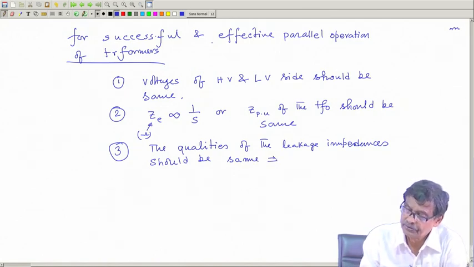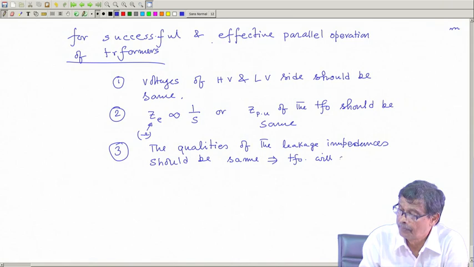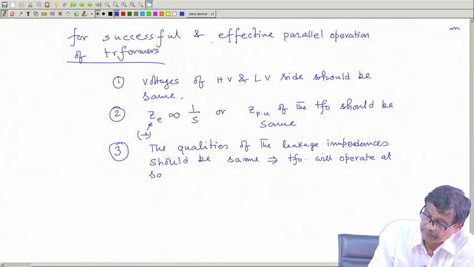This will ensure transformers will operate at the same power factor.